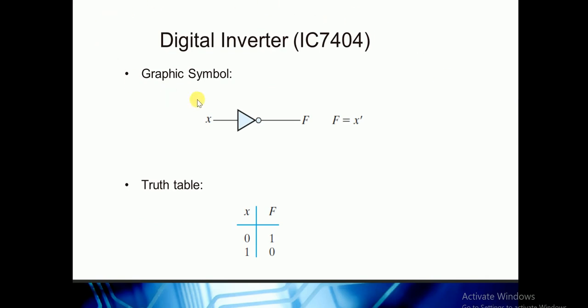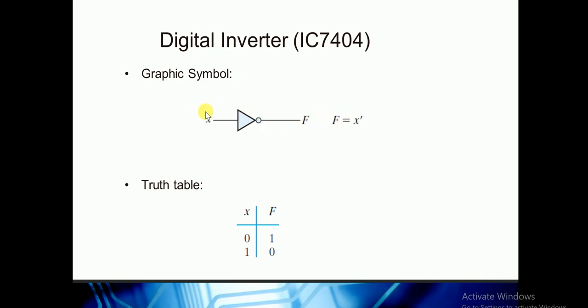So here is the first IC, that is the digital inverter IC, given by IC7404. That is the graphic symbol of this, that I have taken from the Morris Mano book. Whatever input you give, the output will be its inverted form.